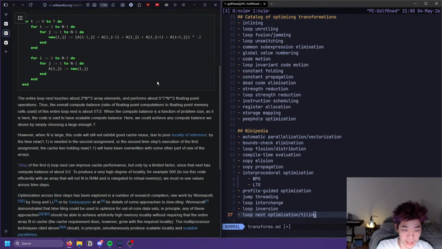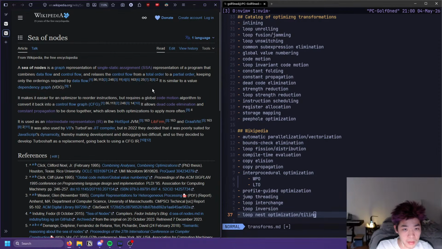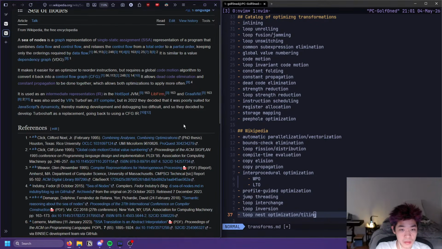Okay, this does not help me. Sea of nodes. I remember looking this up at one point. This is interesting. Yeah, it is quarter system. Wow, okay.